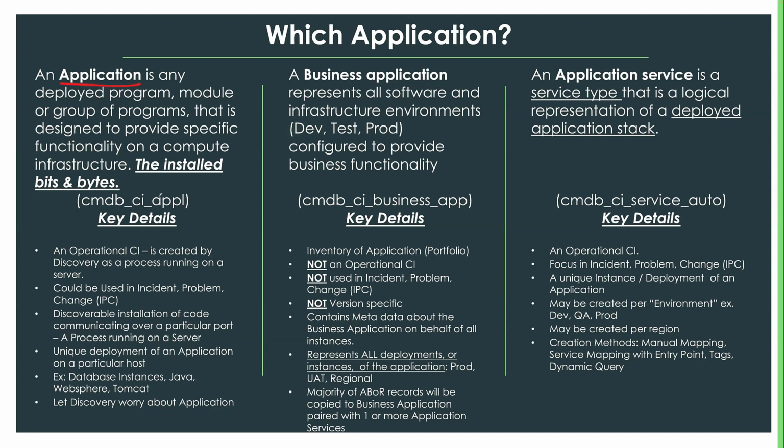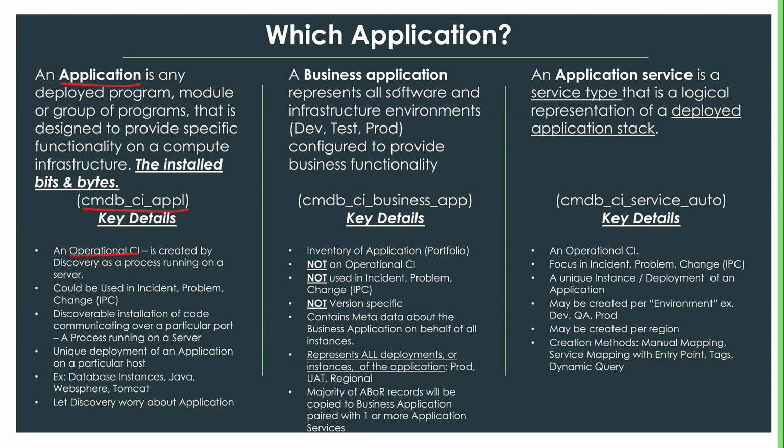Now, it could be in a container, a Docker, or something of that sort. It could be installed on a server, whatever. It's software running to perform a particular function. It is in tables within the CMDB derived from what we call the application table, CI/APPL. But the key thing here, it's an operational CI.